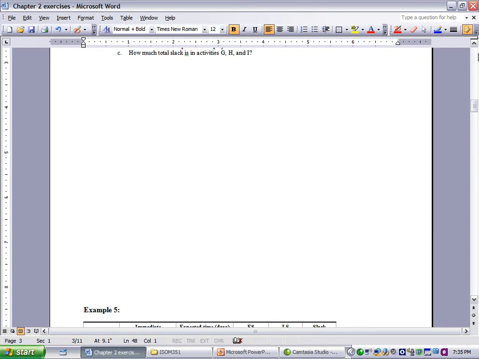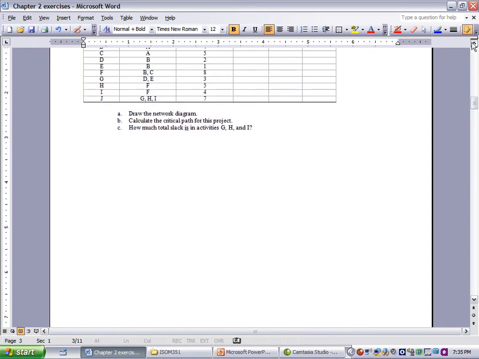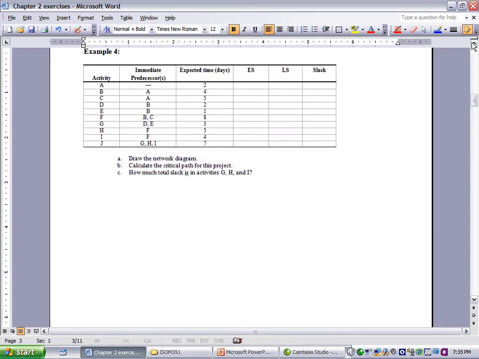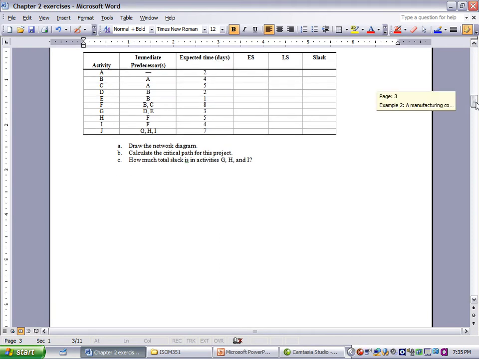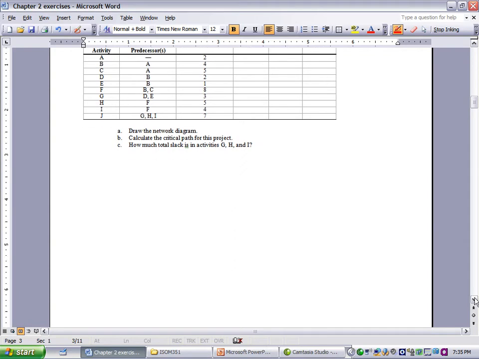For example 4, we are going to draw a network diagram first. The bigger the network diagram, the better, because it will help you identify a clear picture.